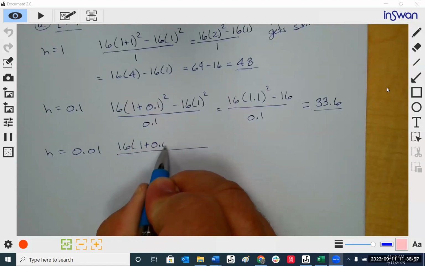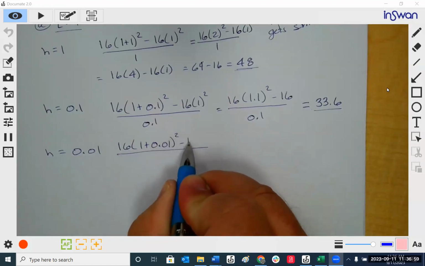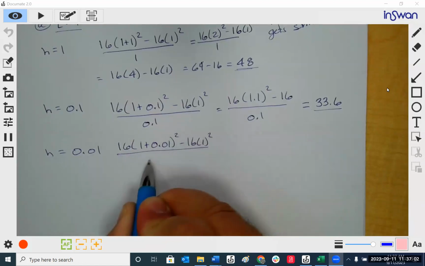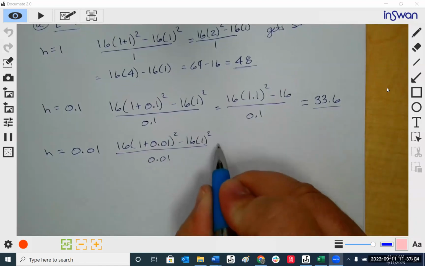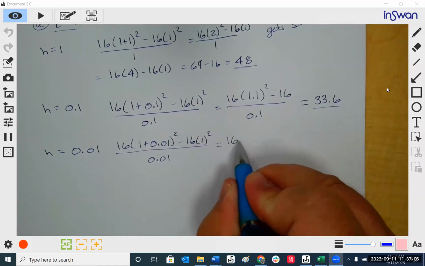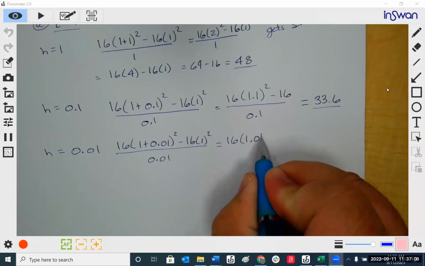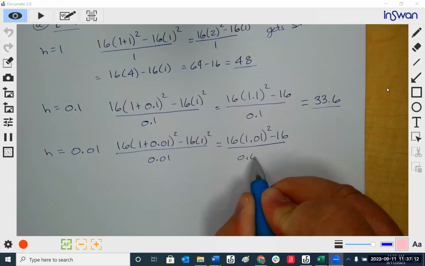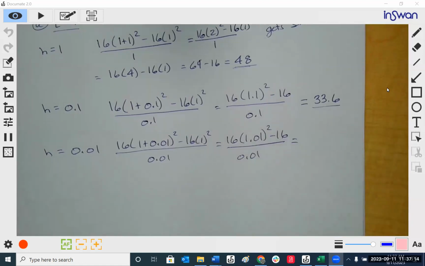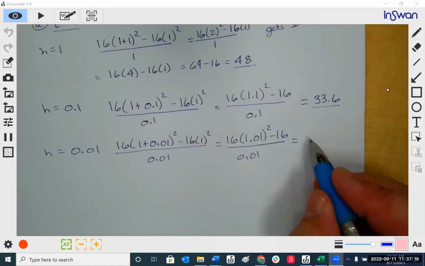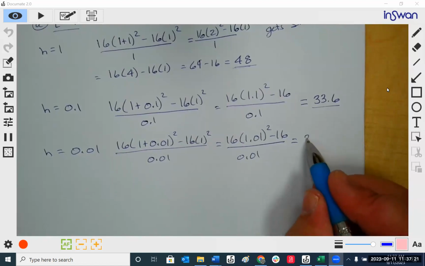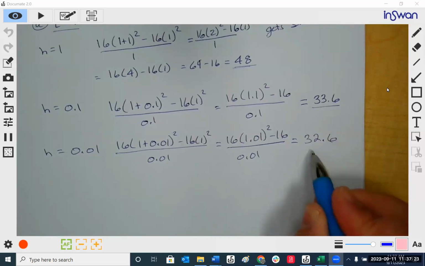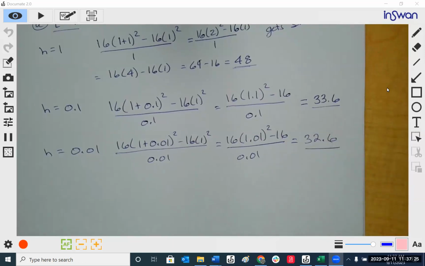One plus 0.01 squared minus 16 times 1 squared, over 0.01. 1.01 squared minus 16 over 0.01. 32.6. 15.